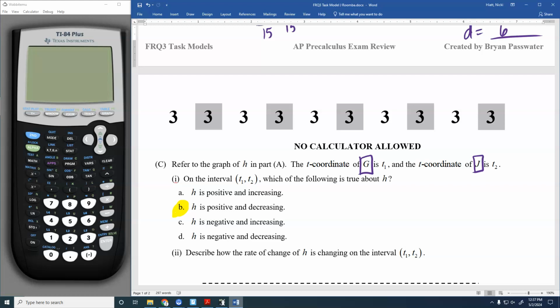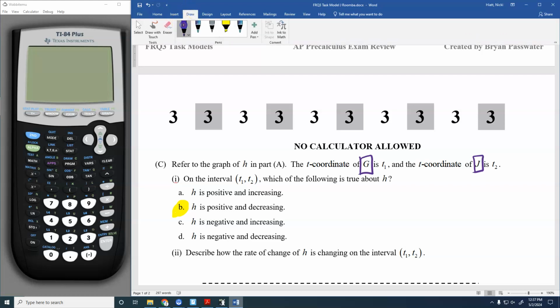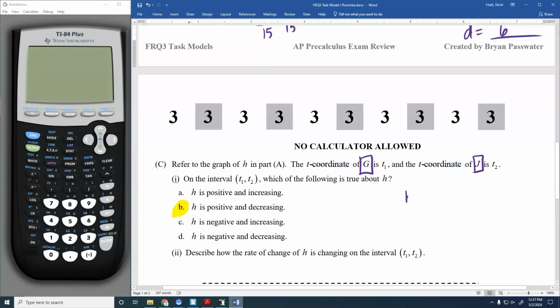Remember, on that one, you're just looking at the graph. For the second part, it's not asking you about the graph. It's asking you about the rate of change of the graph. And so the key to remember for that is if H is concave down, then rate of change of H is decreasing.